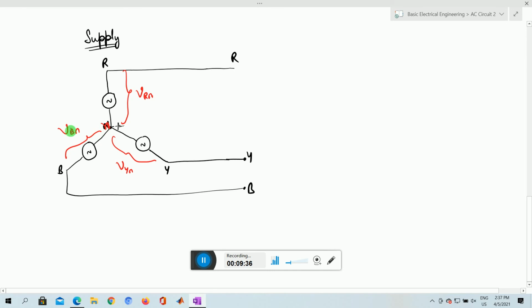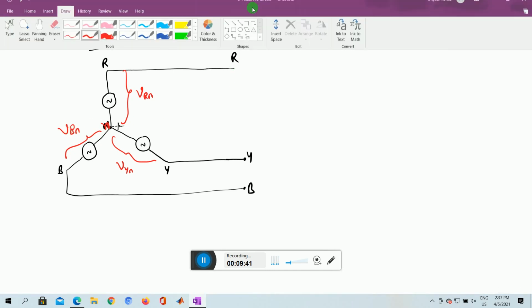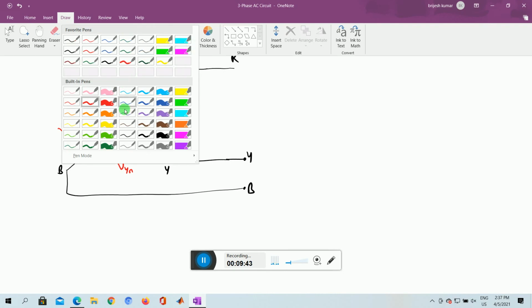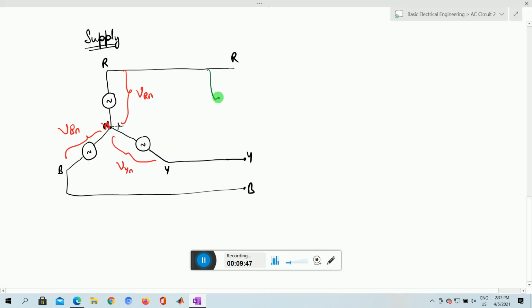But there is another voltage which comes into the picture. What is this voltage? This voltage is given as VRY, and this is the voltage of R with respect to Y. So let us write an equation and try to get the value of VRY.